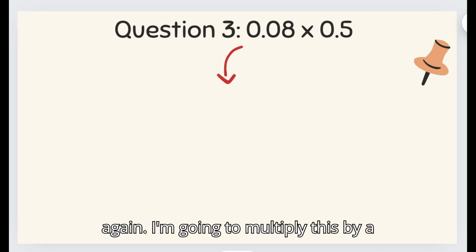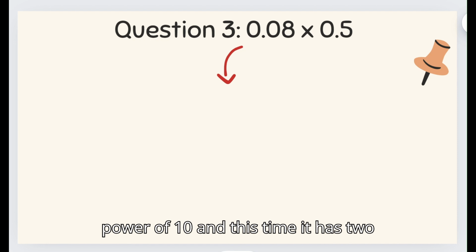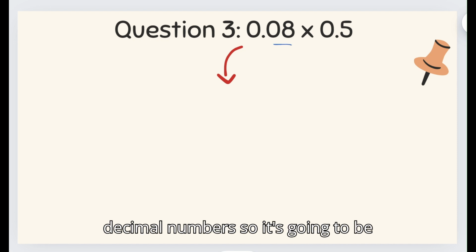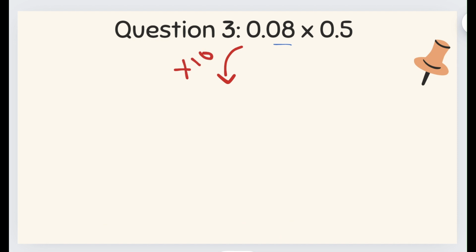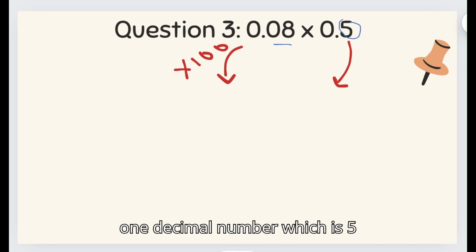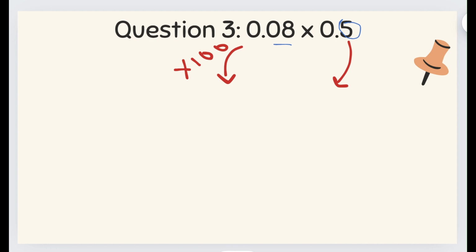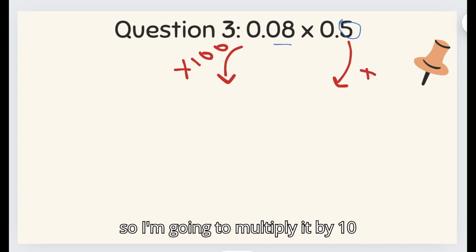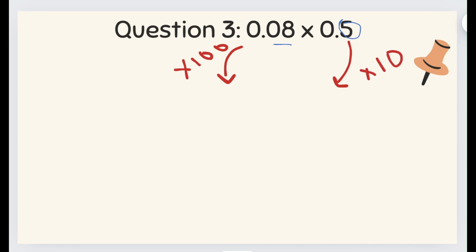Our next question is 0.08 times 0.5. Again, I'm going to multiply this by a power of 10, and this time it has two decimal numbers, so it's going to be times 100. And this one right here only has one decimal number, which is 5, so I'm going to multiply it by 10.